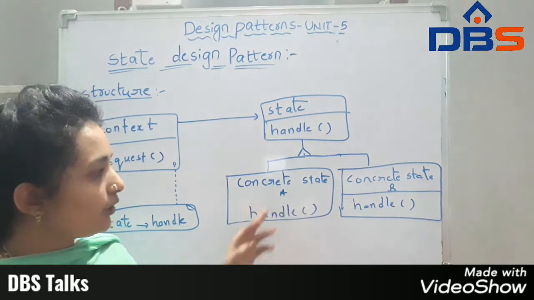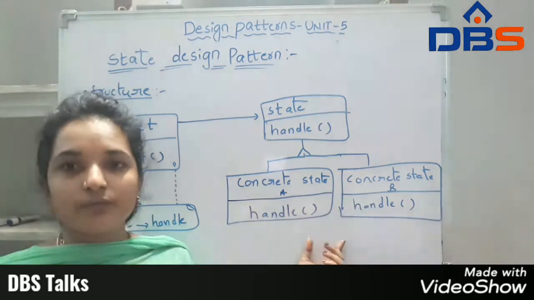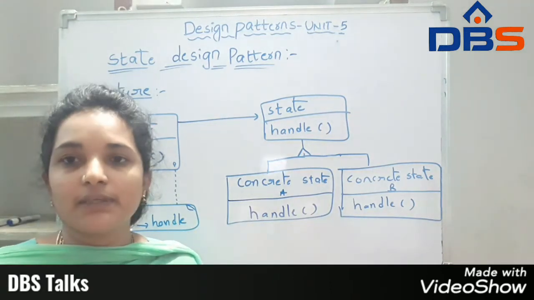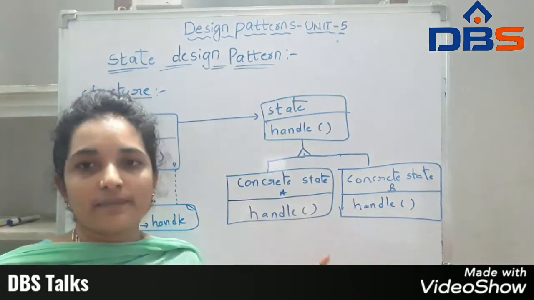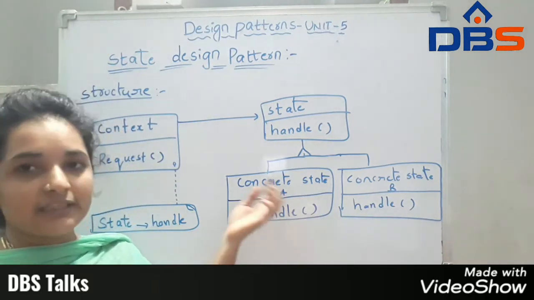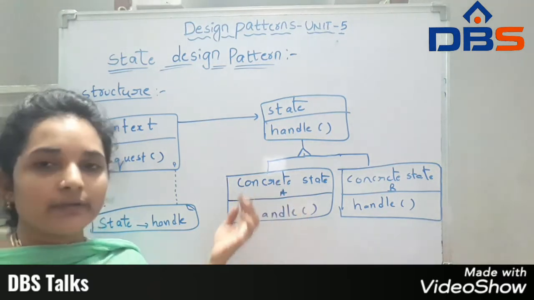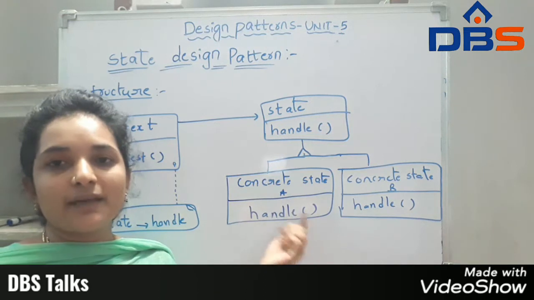Next, coming to concrete state A and concrete state B, these are the two types of subclasses, like TCP established, TCP closed, and TCP listen. If we select the current state as concrete state A, our operation will be performed, and whatever internal state we have selected will be performed as the operation.